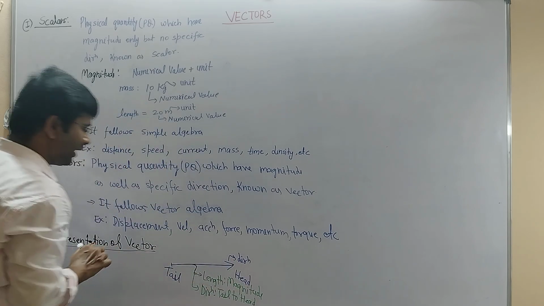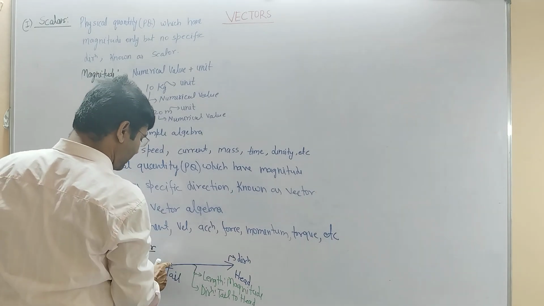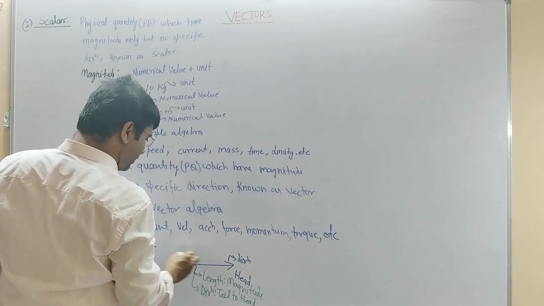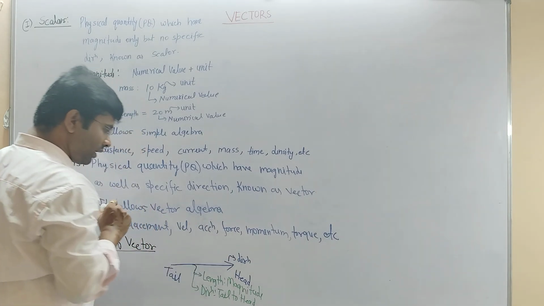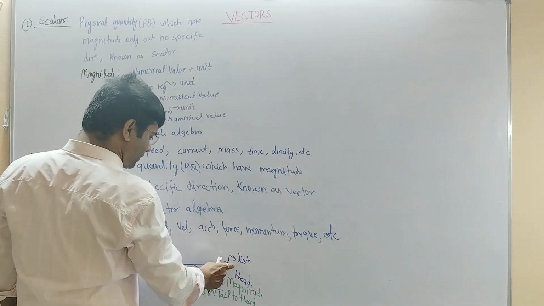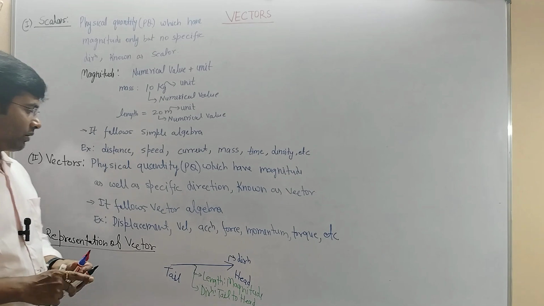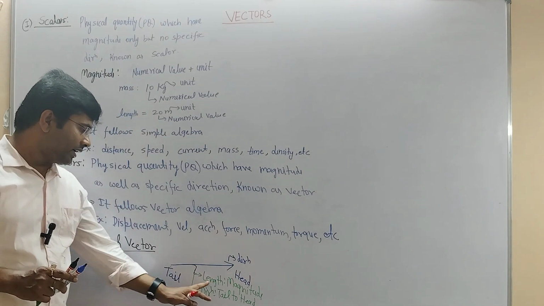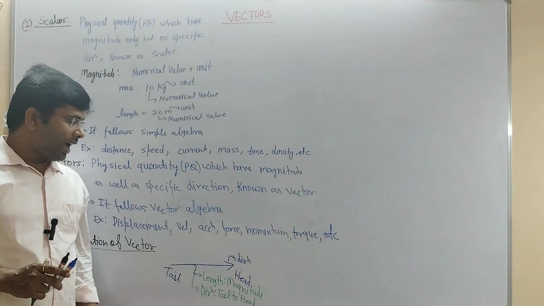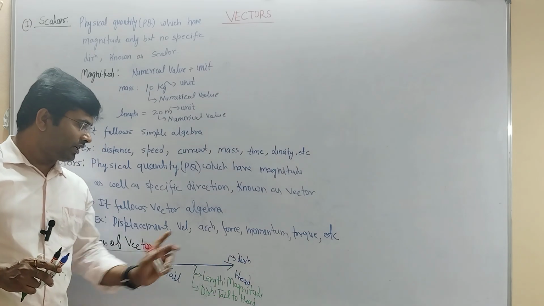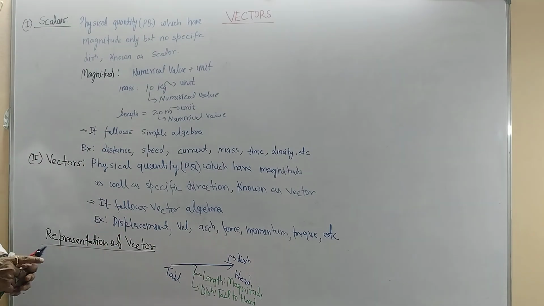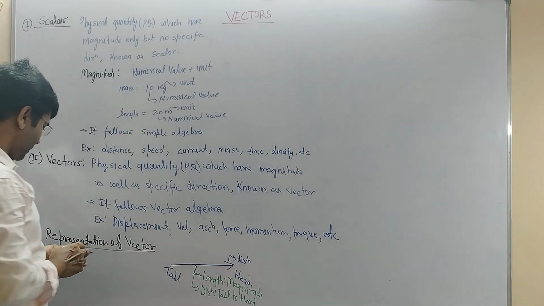Tail to head is direction. This one is the tail, from where the vector is originating. So tail to head is the direction of the vector, and the length of this vector is the magnitude of the vector. Two things: magnitude means length, and direction means tail to head, and generally it is represented by just an arrow. So this is how mathematically we can represent it.